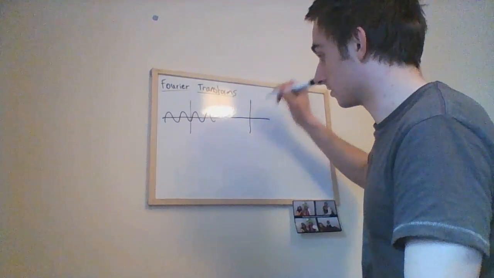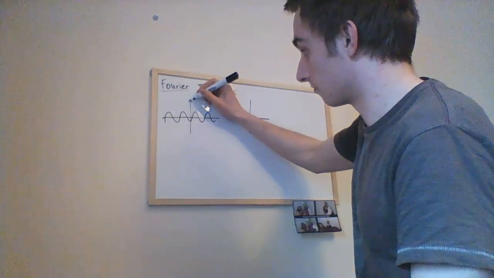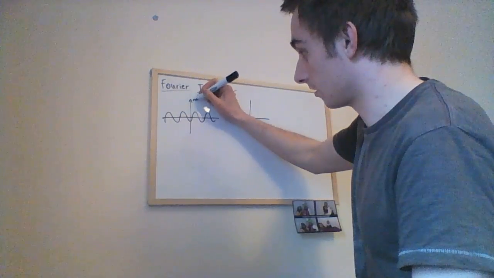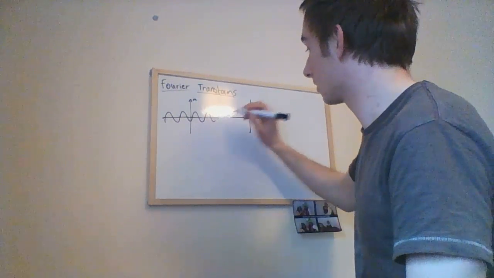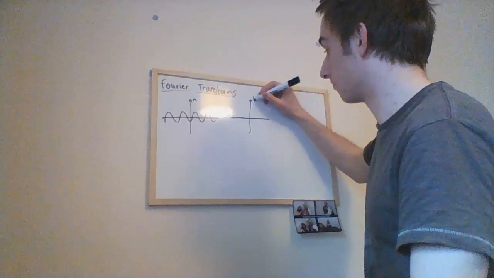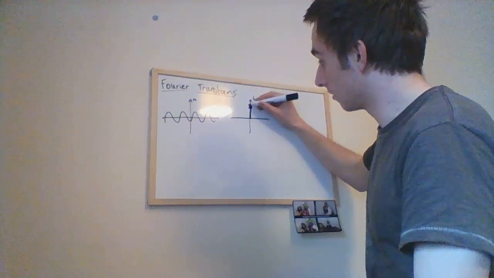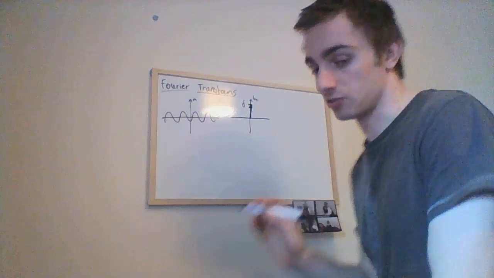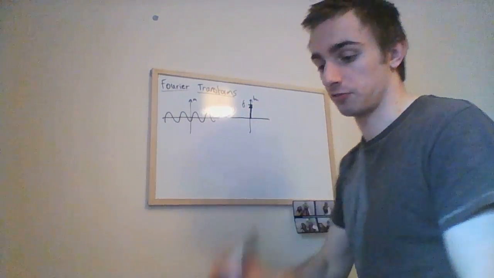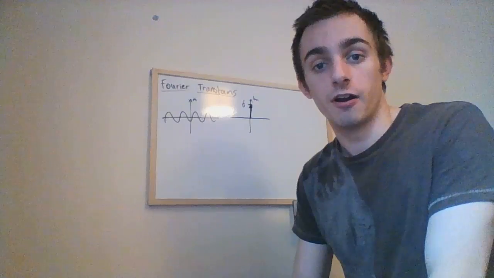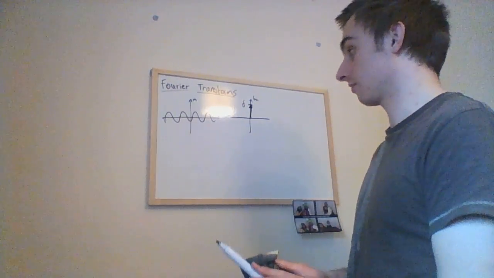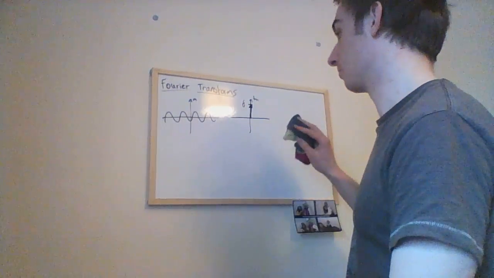This is in terms of space, and this is in terms of frequency. So we get one frequency, which is there. That's what a Fourier transform would look like for a sound wave as interpreted by our ear.